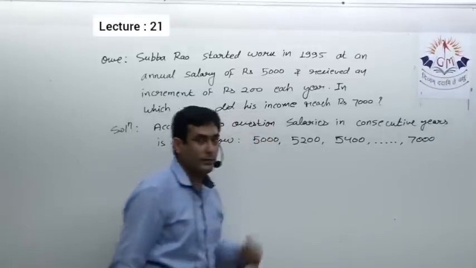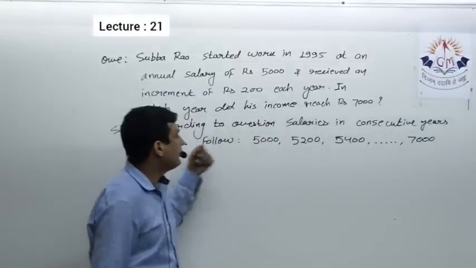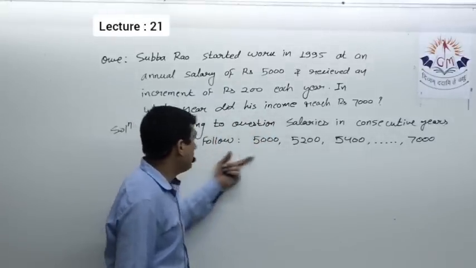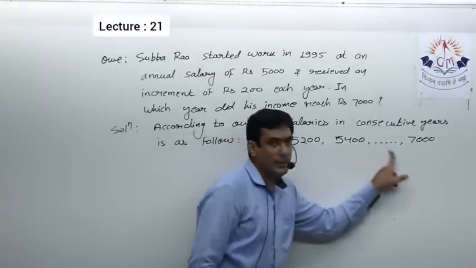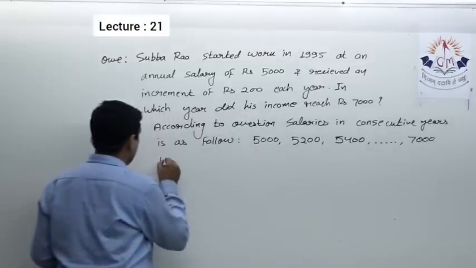Once it will reach 7,000. So according to the question, salaries in consecutive years is as follows. So this forms an AP.